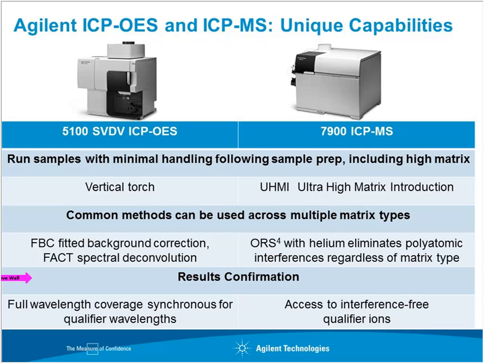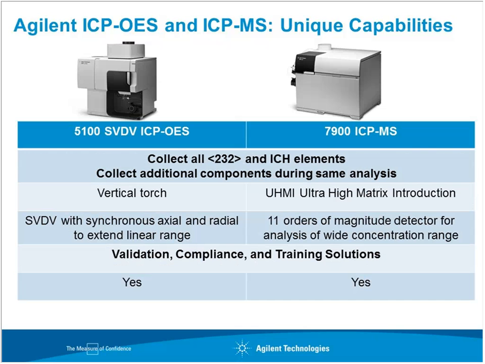So on the ICP-OES with full wavelength coverage, we can do that. And on the 7900 we have access to those interference-free qualifier wavelengths as well. A couple other things, on the 5100 and the 7900 we can collect all the 232 and ICH elements during the sample analysis. So in some cases, people are deciding that they are going to use the risk-based approach.